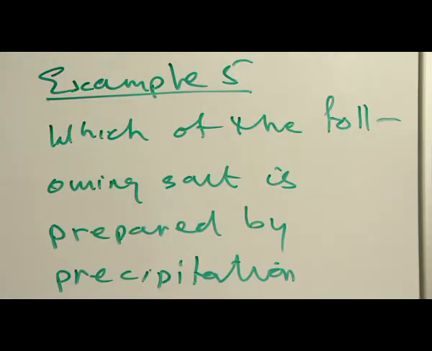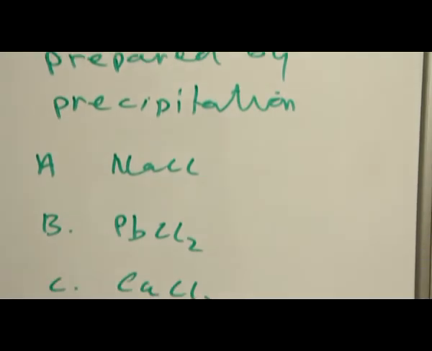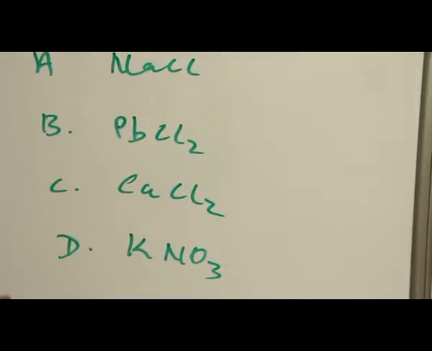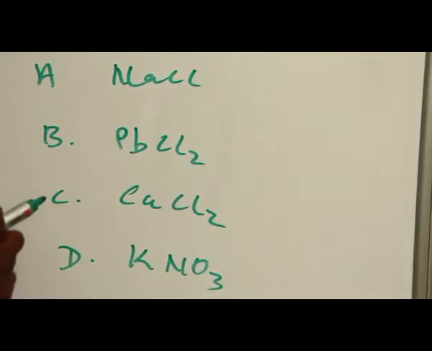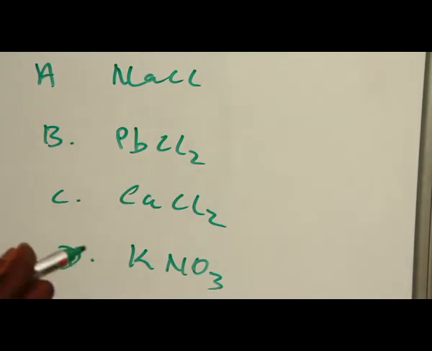Example 5. Which of the following salts is prepared by precipitation? Options: A. Sodium chloride. B. Lead chloride. C. Calcium chloride. D. Potassium trioxonitrate 5. Let's consider the options one after the other. A. Sodium chloride. Now, sodium chloride is prepared by a method involving crystallization because it is a soluble salt.